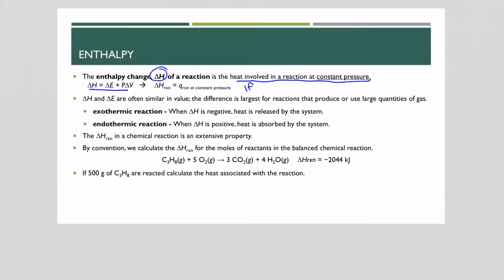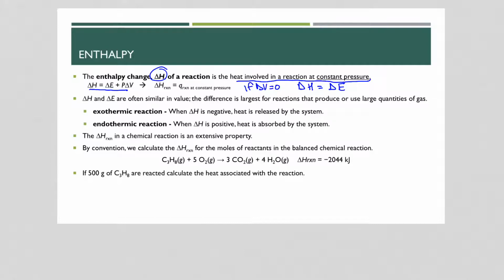So if delta V is essentially equal to 0, then delta H is simply equal to delta E. So for the vast majority of reactions and processes that we look at, the enthalpy is essentially the same as the energy change, right? So we've been focusing on calculating the change in energy here, focusing on the heat, but for large swaths of reactions, the enthalpy is very closely related to the change in energy.